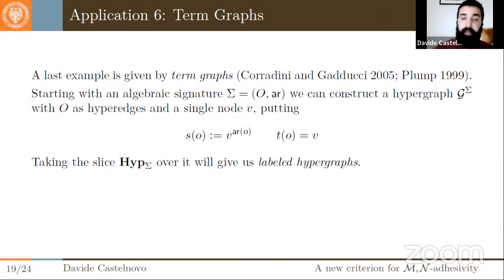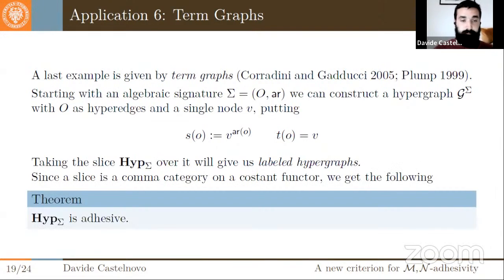So we are simply labeling all the edges with the name of an operation. Taking the slice is just a particular instance of the comma construction, because it's just the comma construction applied to the identity and the constant functor. And the constant functor preserves all connected limits, in particular pullbacks. So we get the following: this category of labeled hypergraphs is adhesive.